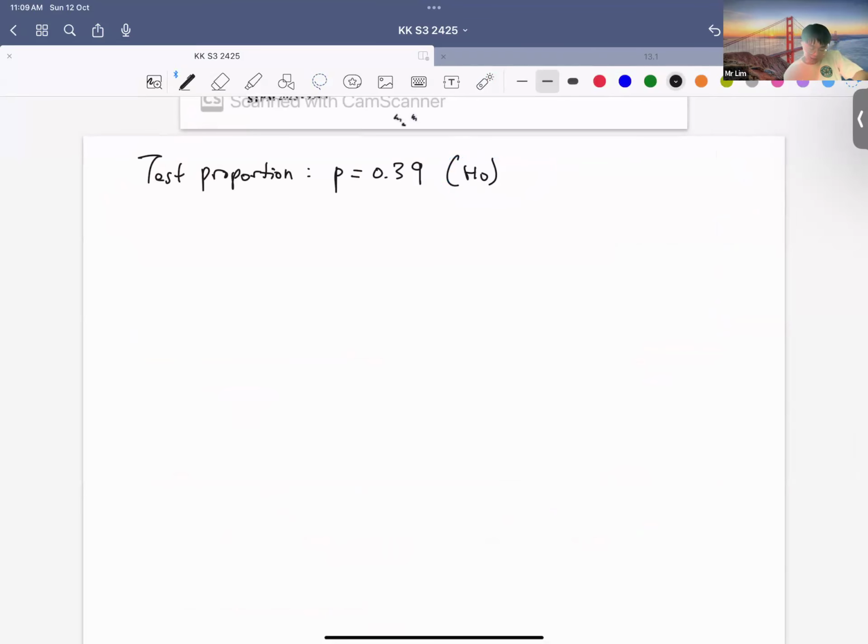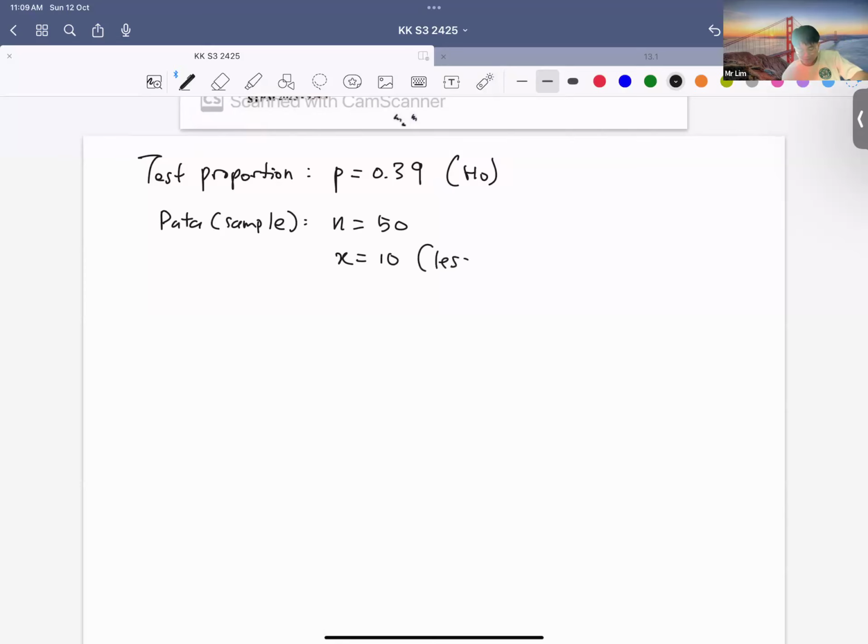Based on my sample, my n is equal to 50, which is the sample size. Out of that, I have 10 of them considered as less active.